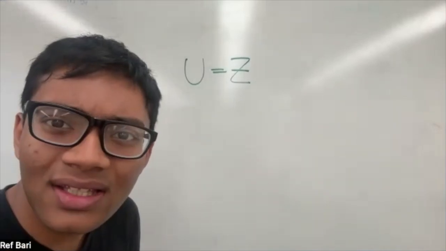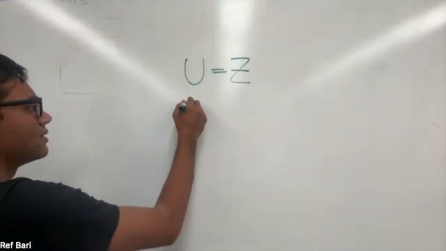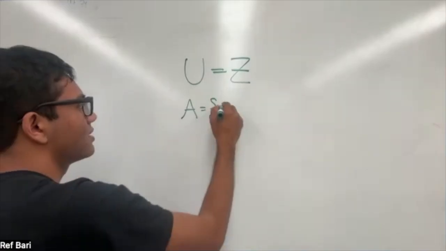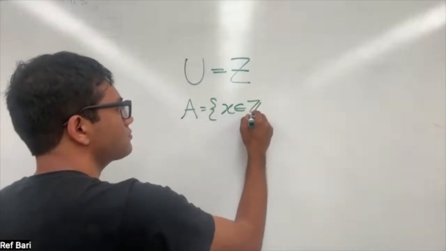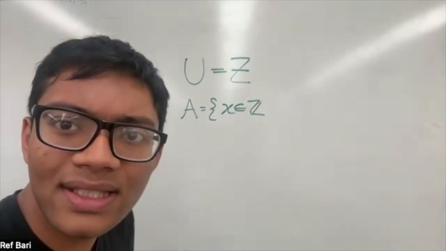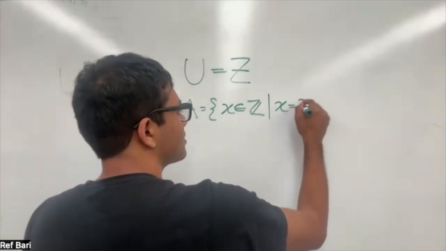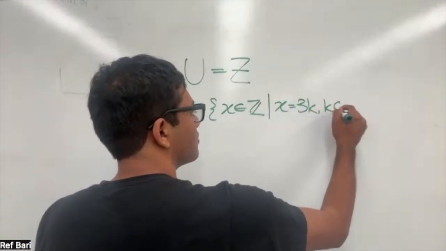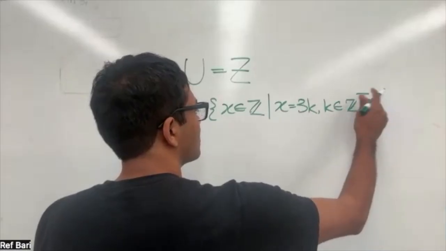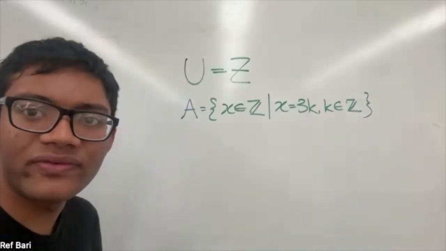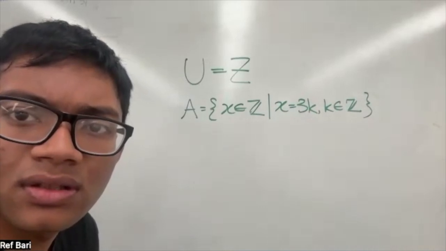Is it an integer? Yeah, negative infinity to positive infinity. Okay, let me see the second line. A is a set. X is an element of Z, and X is 3K, where K is an element of Z. What would be the example of A? 3, 6, 9, 12, all the multiples of 3, all numbers divisible by 3.